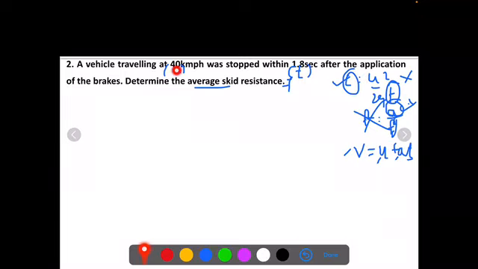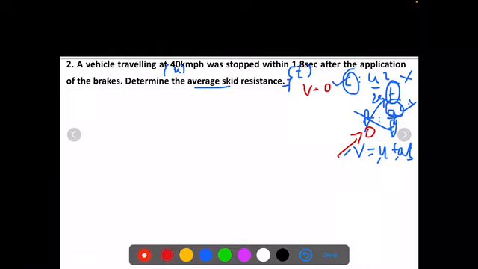Now the initial speed is given, the time required is given, and the final speed after the application of brake will be 0 always. Even if the final speed is not given in the problem, we can take the value of final speed as 0.